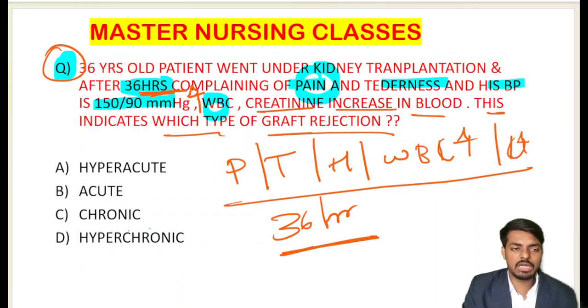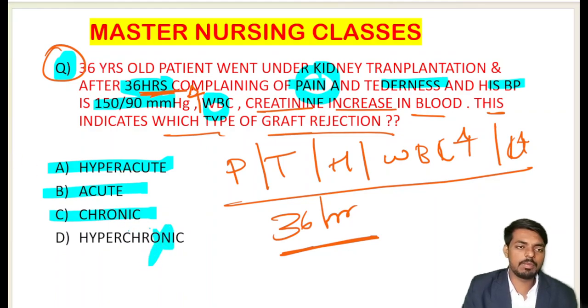We have three kinds of rejection, students. The first is option A, hyperacute rejection, the second type is acute, and the third is chronic. There is no 'hyperchronic'; only three types of rejection: hyperacute, acute, and chronic.